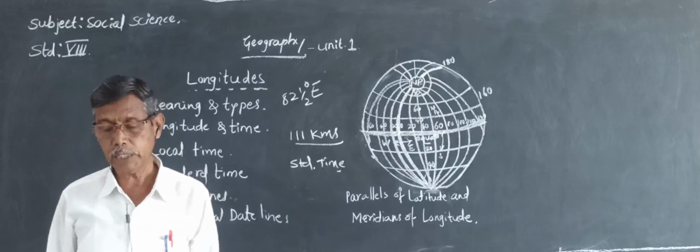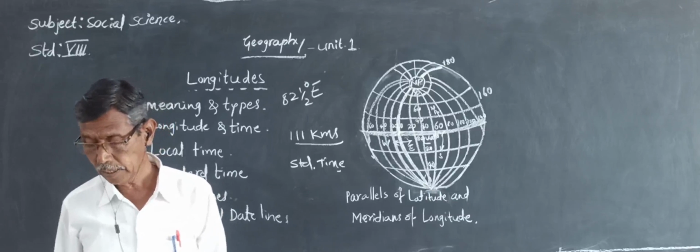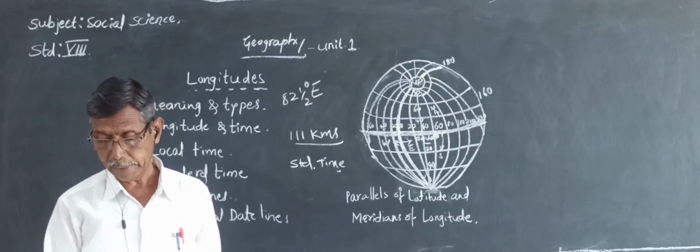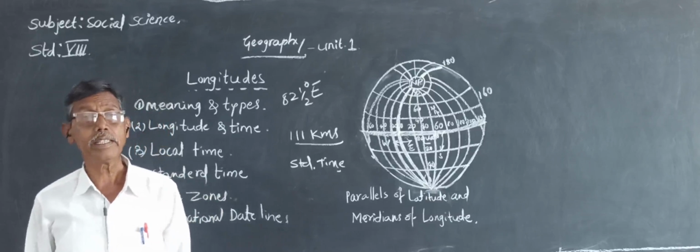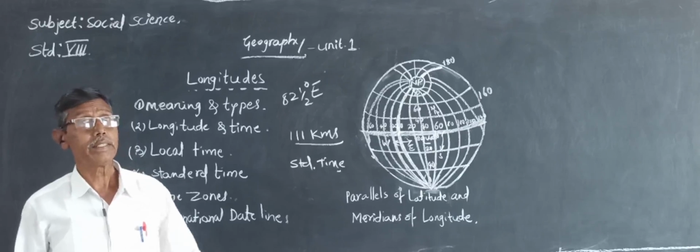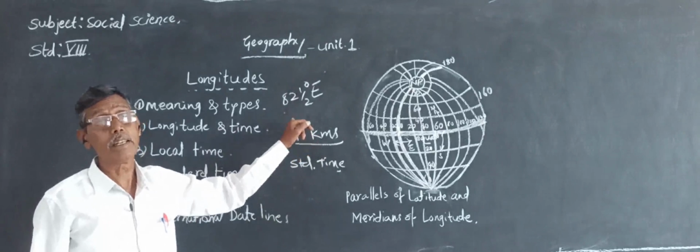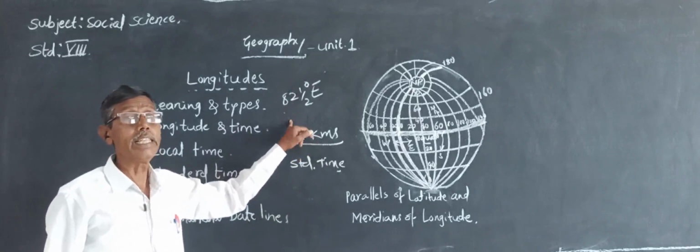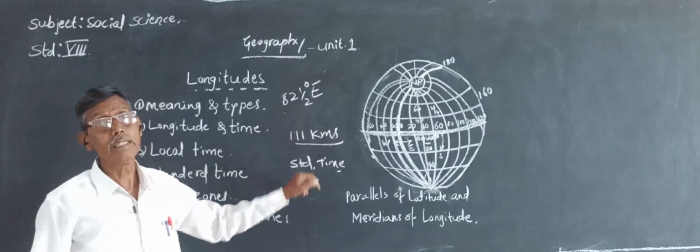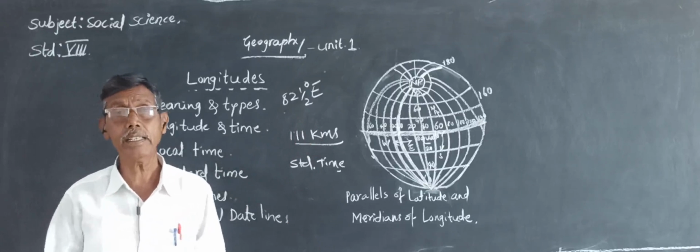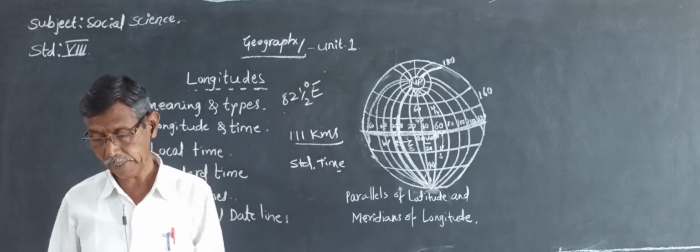It passes through Allahabad, Uttar Pradesh. The time based on this meridian is called Indian Standard Time.